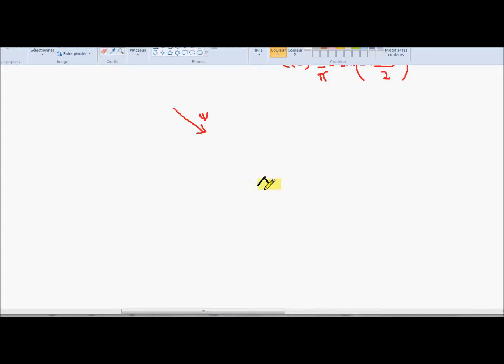Now I don't care anymore about the rudder, just the sail. In this case, the sail should be open at the maximum, so that the force will also be at the maximum. So it will correspond to a maximum angle delta sail max, or U2, equal to π divided by 2.